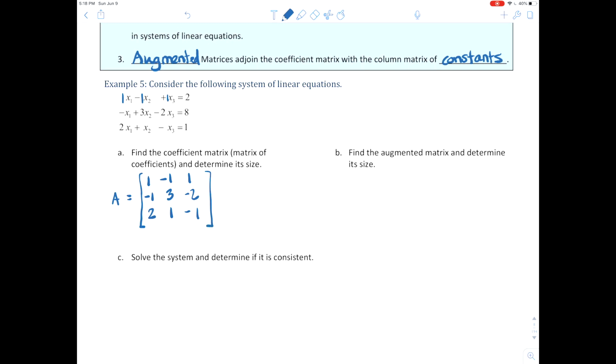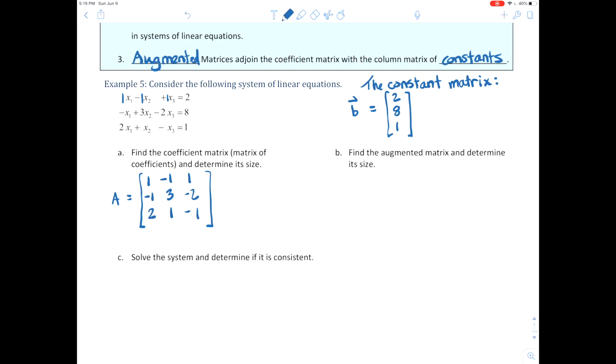Now we often call the, I should have had you find the constant matrix. So the constant matrix is often called B. So we'll learn about vectors soon, but it's denoted like this, and our constants were 2, 8, and 1.